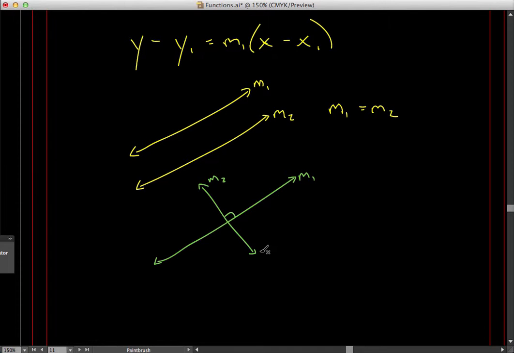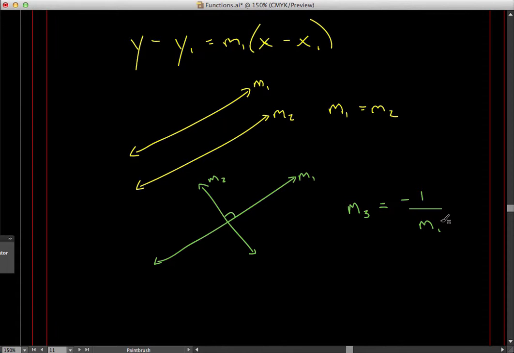And if we know m sub 1, well, m sub 3, our new slope, is equal to the negative reciprocal of our given slope. So the negative reciprocal of our given slope.